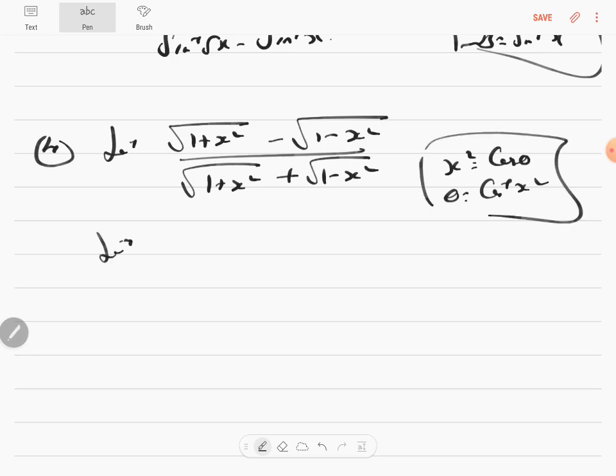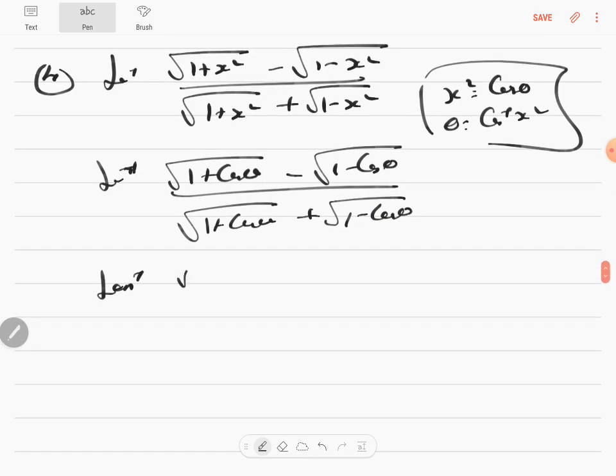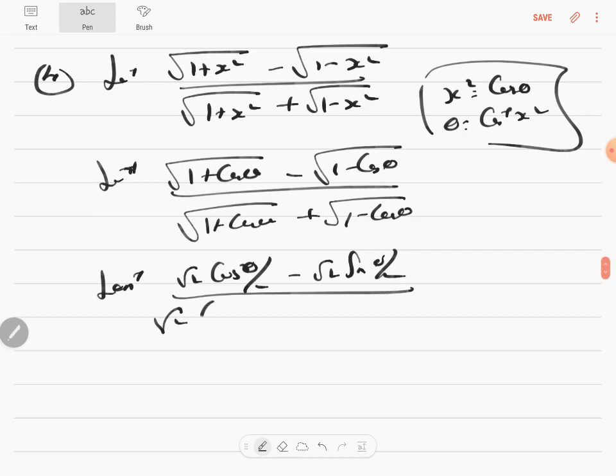Substituting here, it's root of 1 plus cos theta minus root of 1 minus cos theta by root of 1 plus cos theta plus root of 1 minus cos theta. Tan inverse of 1 plus cos theta is 2 cos square theta by 2. So root 2 into cos theta by 2 minus root 2 into sin theta by 2, by root 2 into cos theta by 2 plus root 2 into sin theta by 2.